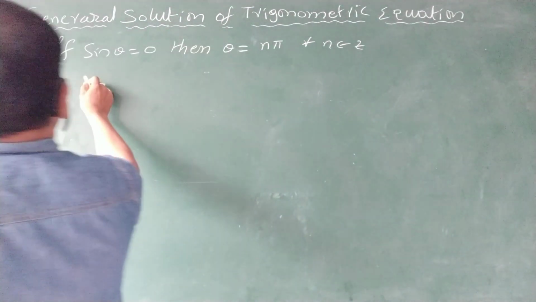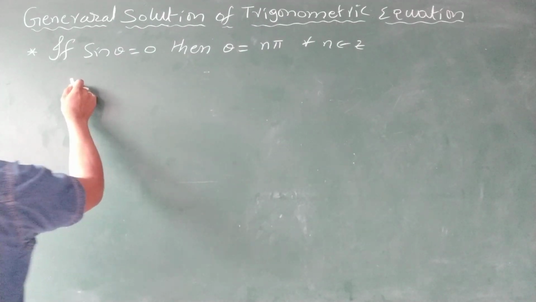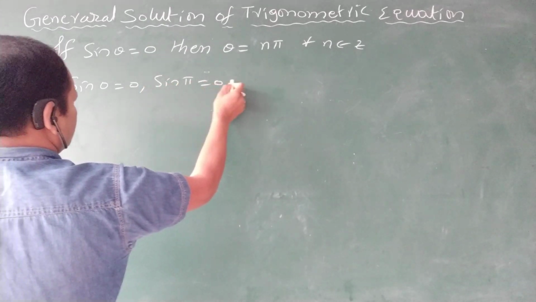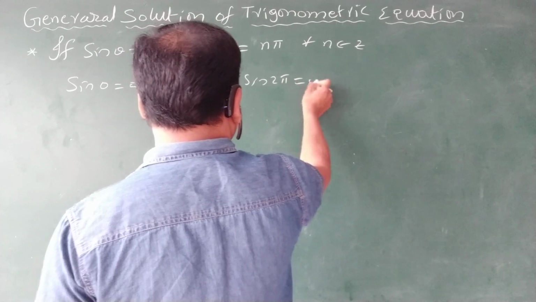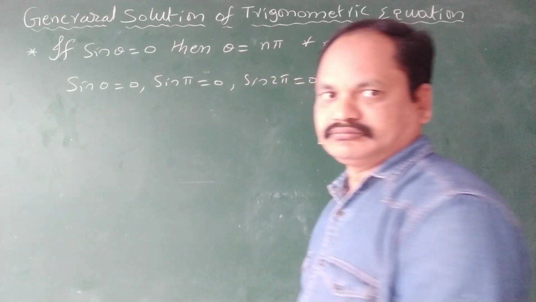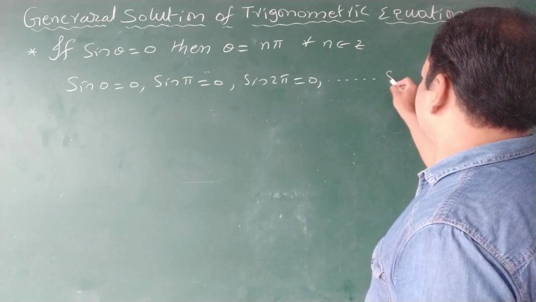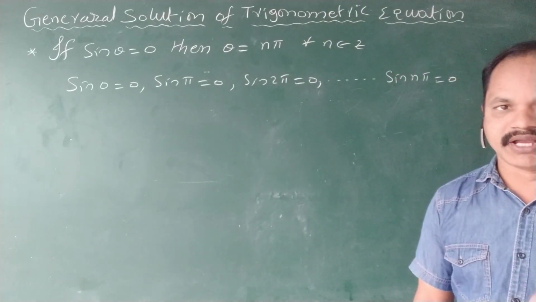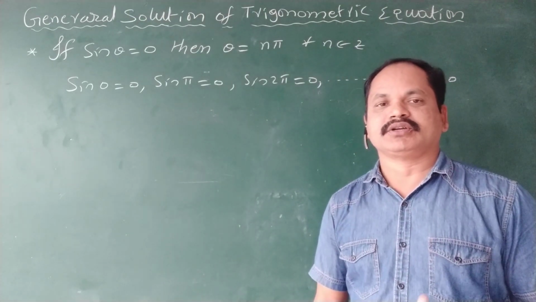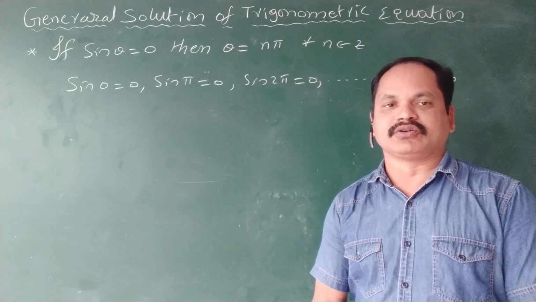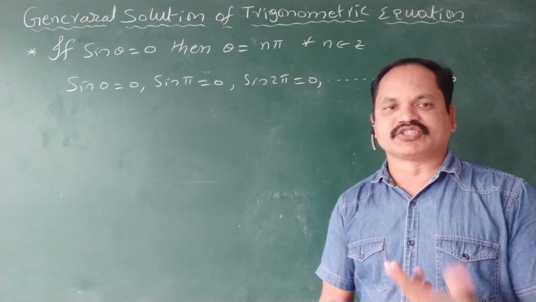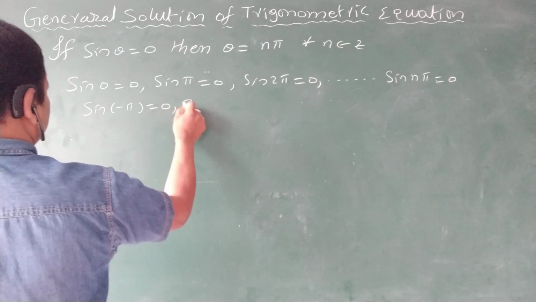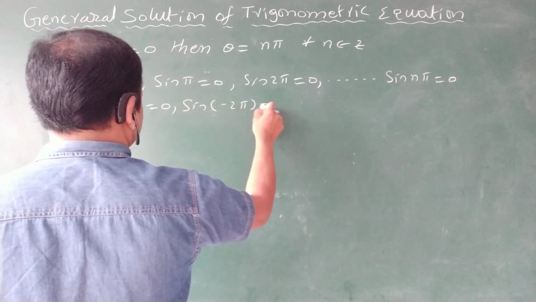Since for sine theta equal to 0: sine 0 is 0, sine pi is 0, sine 2 pi is 0, sine 3 pi is 0, sine 4 pi is 0, and so on, sine n pi is 0. Also sine minus pi is 0, sine minus 2 pi is 0.